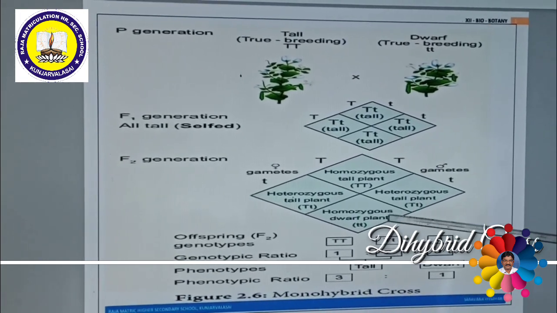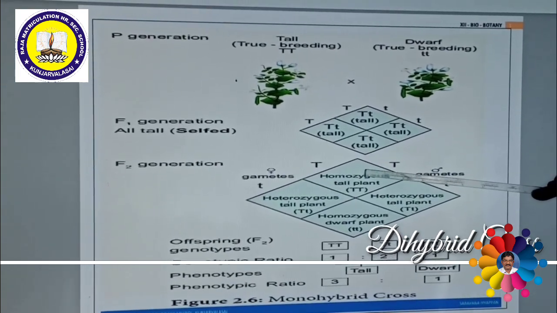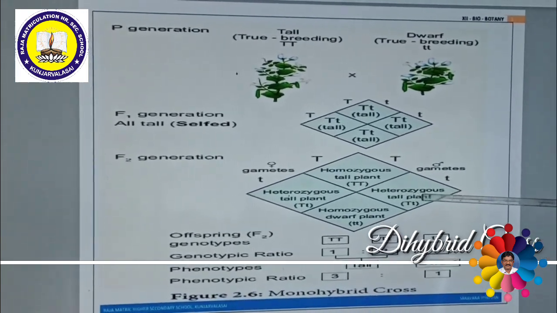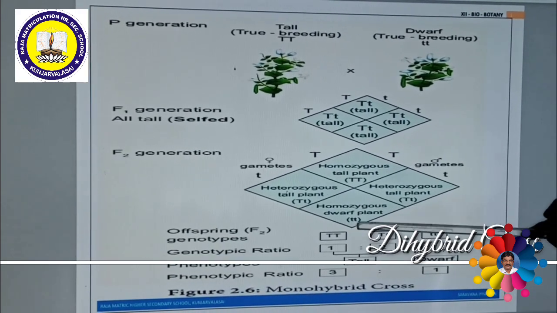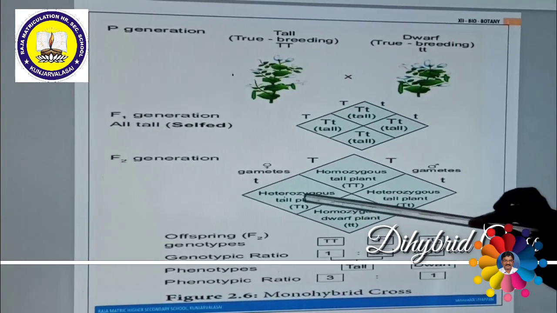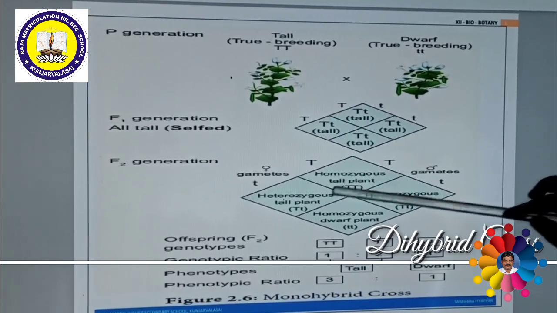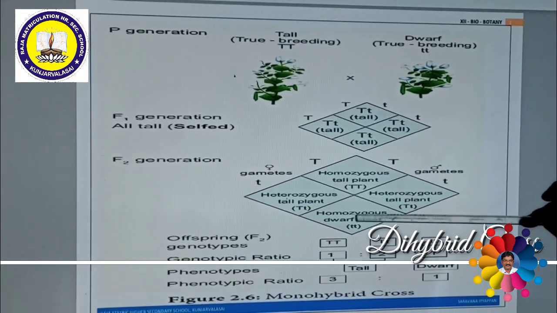This is the phenotypic ratio. What is phenotype? Phenotype means the morphological characteristics that appear. This is tall, this is tall, this is tall. So 3 tall, 1 dwarf. Either it is homozygous or heterozygous, all appear like tall. So this appearance is called the phenotype. So the 3:1 ratio.